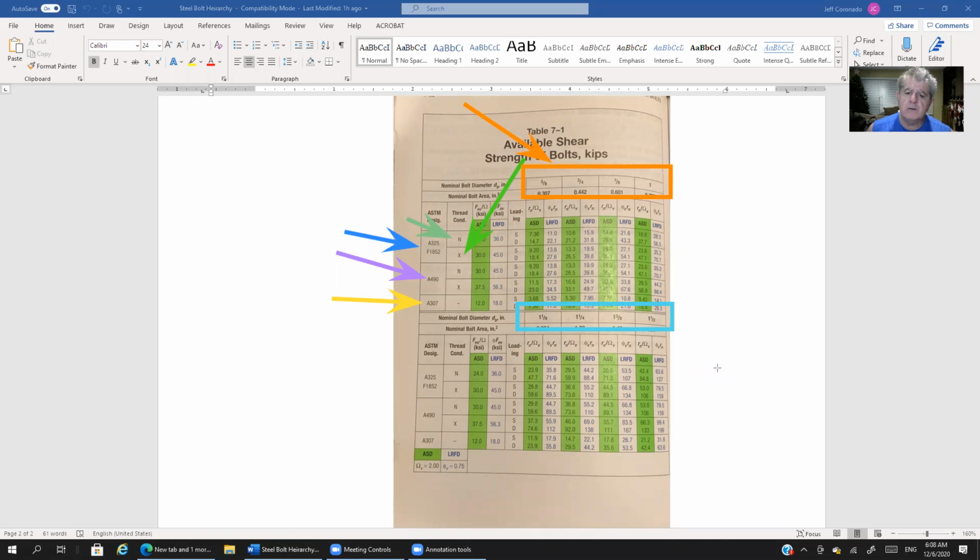And notice how it starts off with a 5/8 inch bolt. Most people would tell you that's about the smallest steel bolt you want to use. An old timer once told me to take a look at the hands of the steel erectors. Those tend to not be real little people. They're big, strong people with big hands.